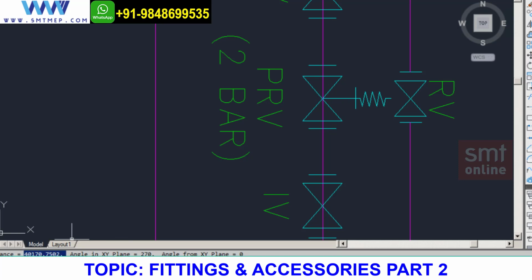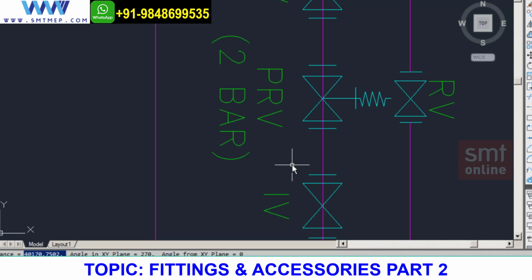40170.75. Can anyone convert this to feet? How will you be doing this? First of all, this is millimeters. 1 meter is how much? 1,000.